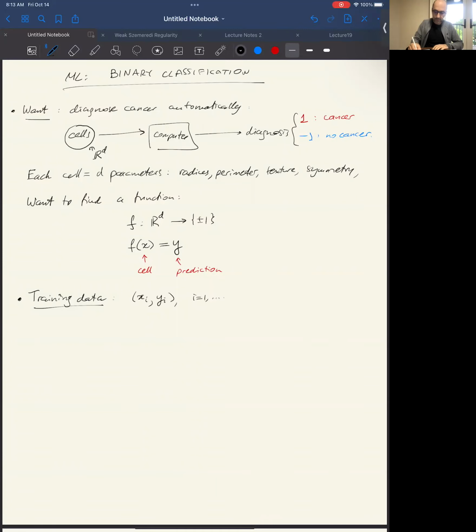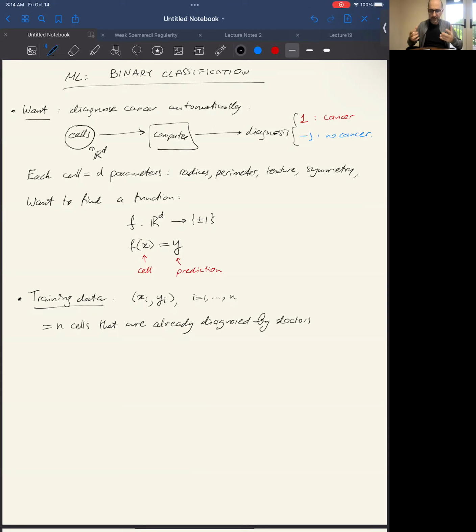The pairs, they're pairs. So these are n cells that are already diagnosed manually, not by a computer, by professionals, by experts, by doctors. We assume it's a correct classification so that the machine then can learn from this experience, from the experience of doctors.